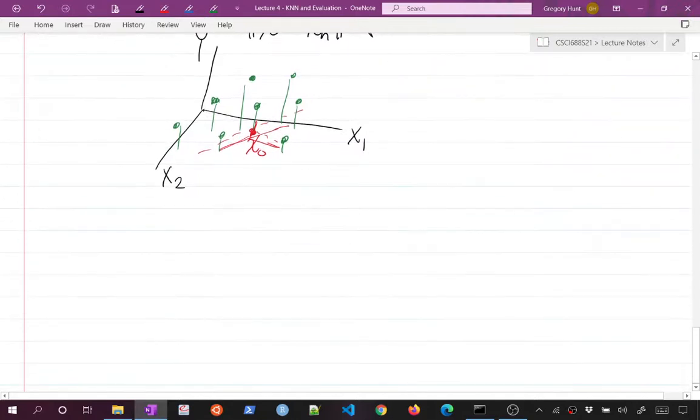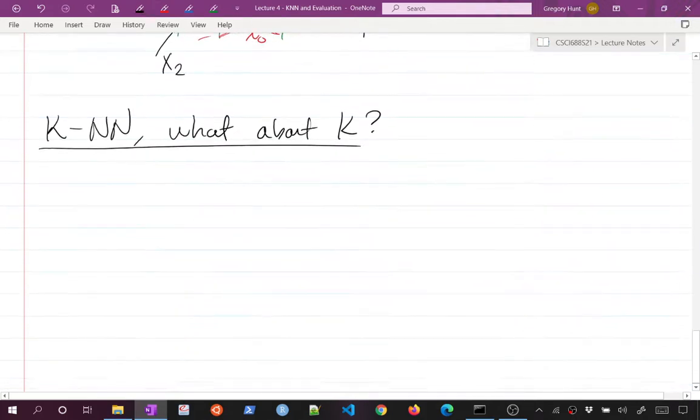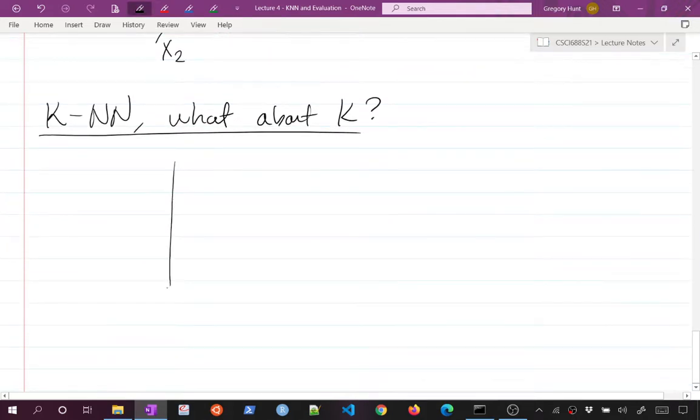So there is this tuning parameter that is built into the name of KNN, which is K. What about K? What happens as we change this value of K? Let's look at an example.